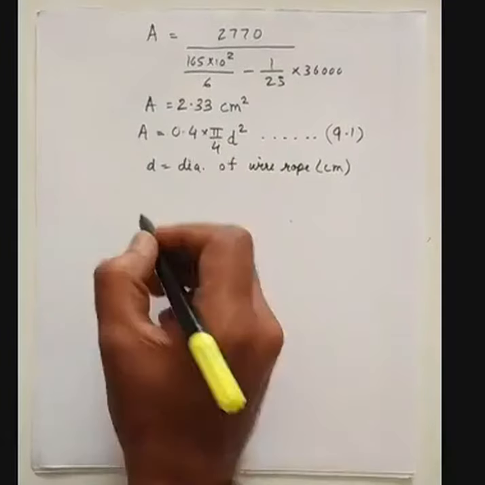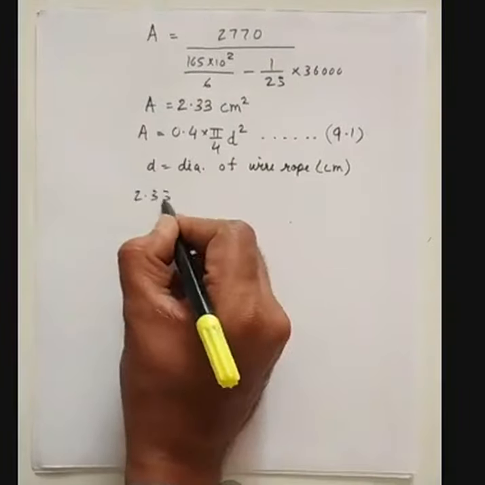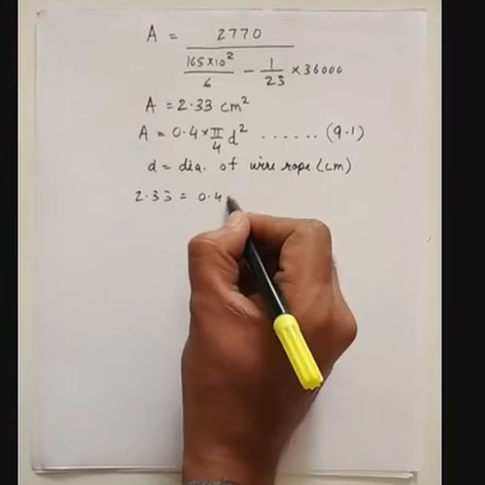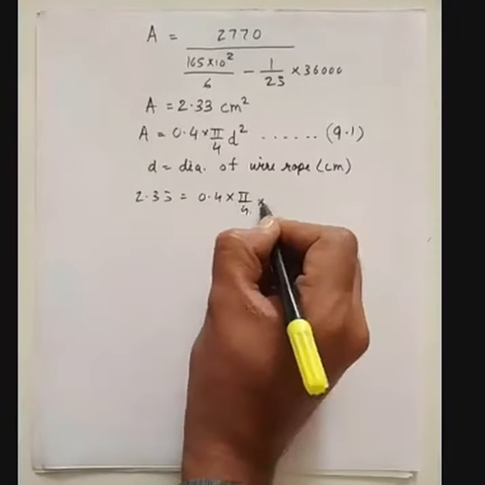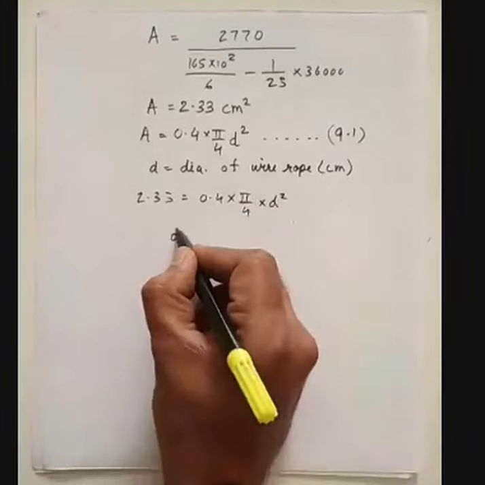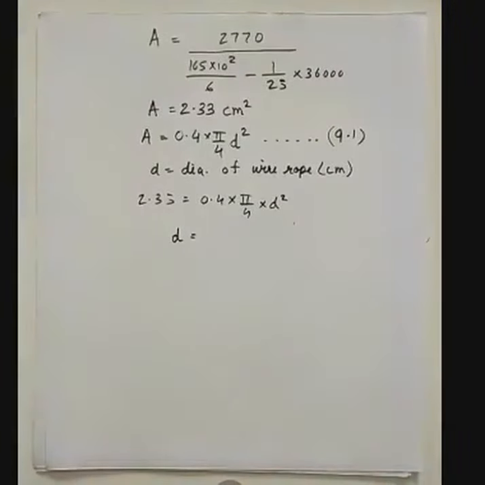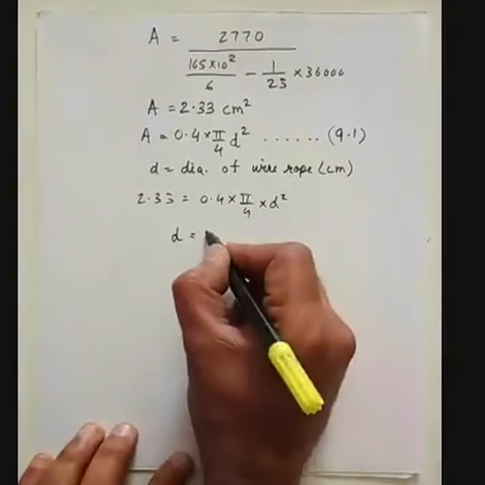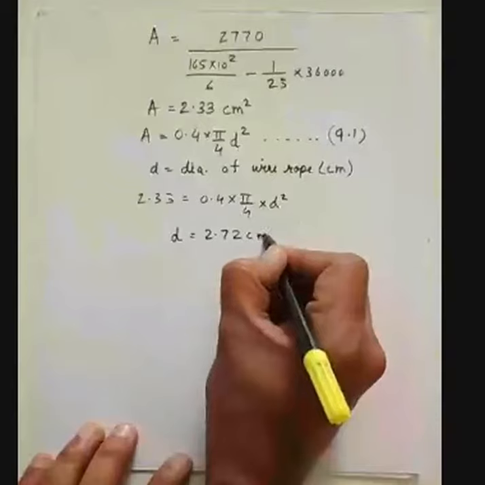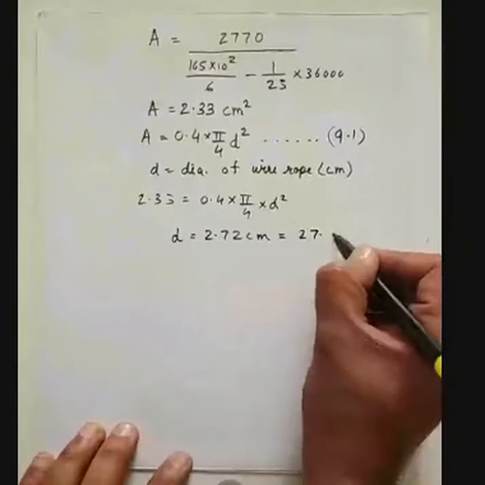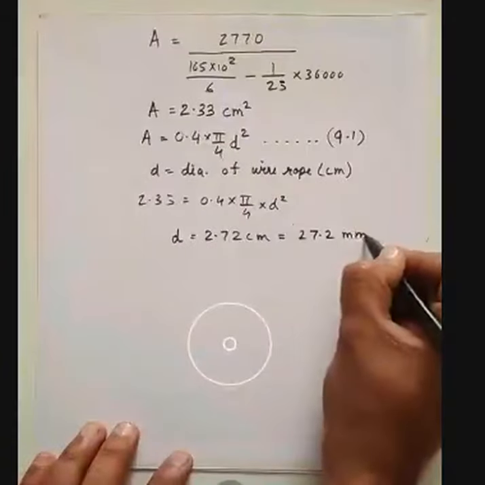Just substitute all the values, that is 2.33 equals 0.4 into pi by 4 into d square, and get the value of d. That will be your diameter of the rope. 2.72 centimeter, or you can say 27.2 mm.